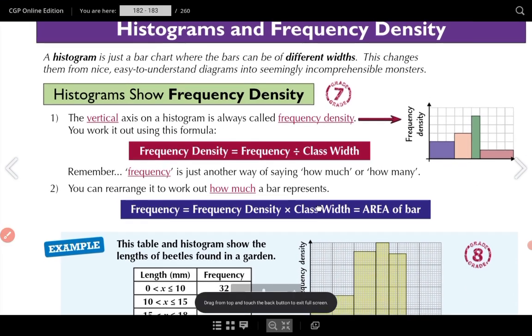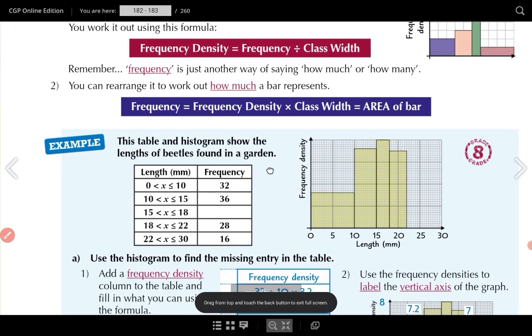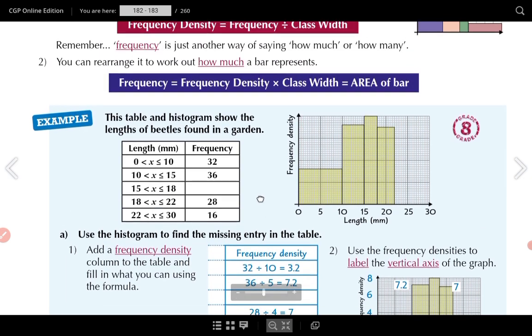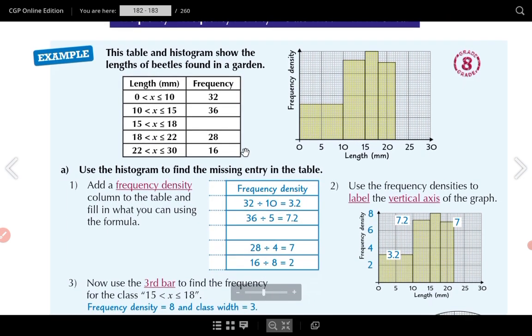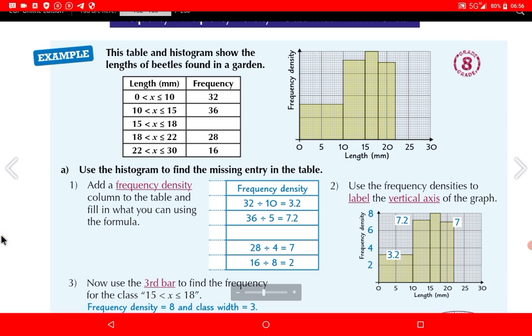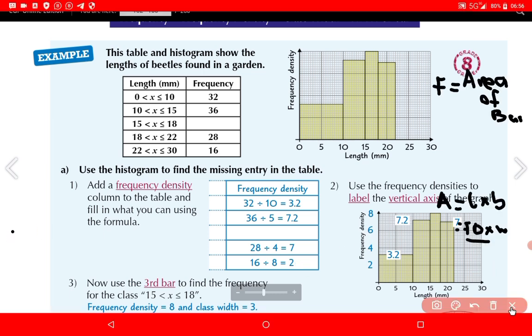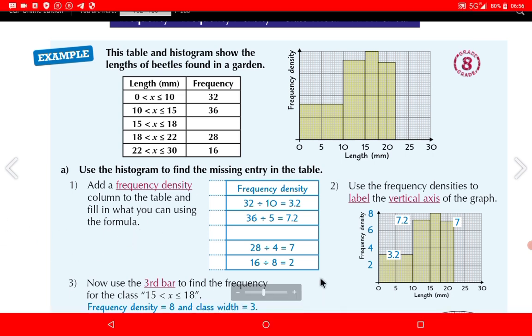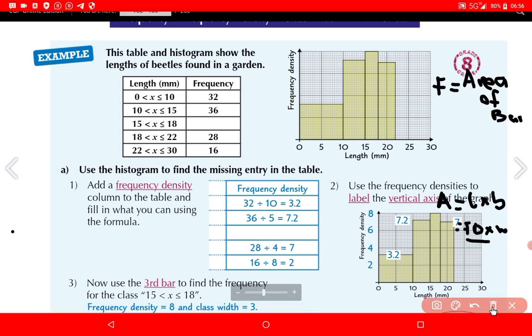Okay, so here's an example. The table and the histogram show the length of beetles found in a garden.